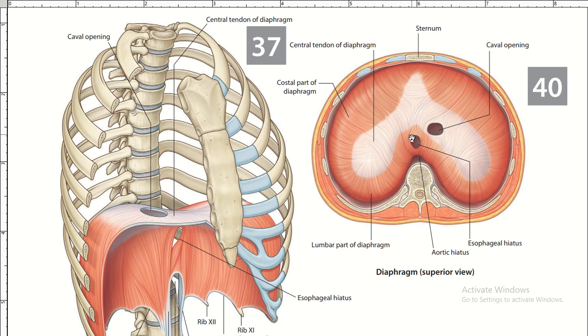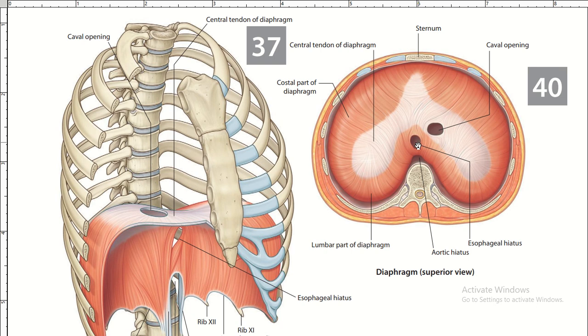So what are the structures that will be passing through? One, you have the esophagus itself, changing from thoracic esophagus to abdominal esophagus. Two, you're going to have the gastric nerves.